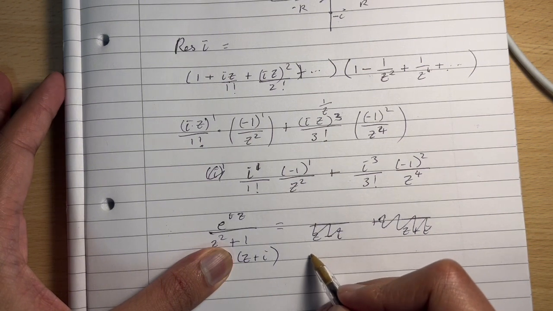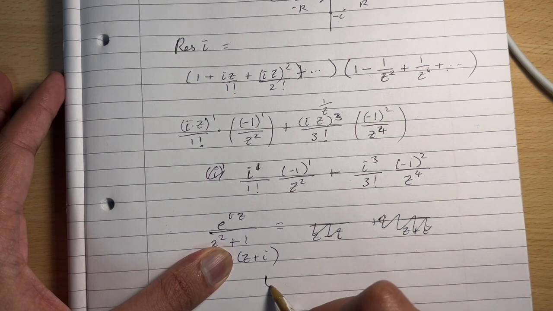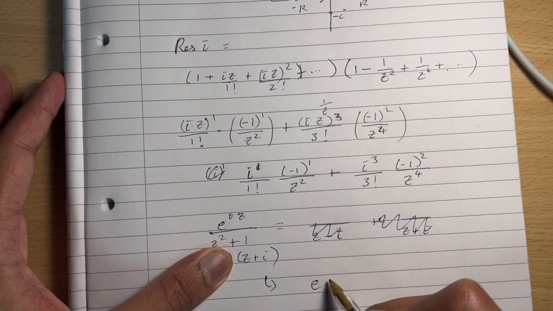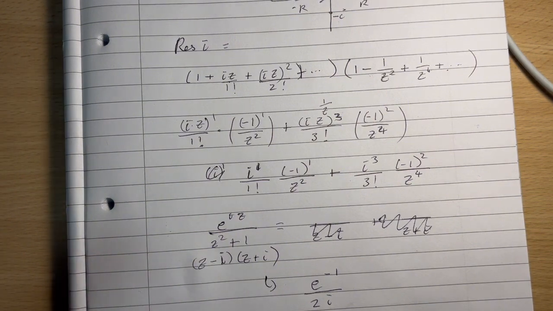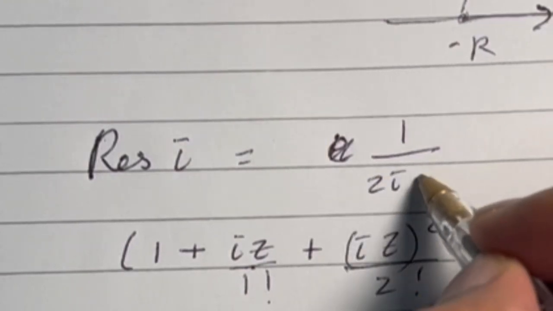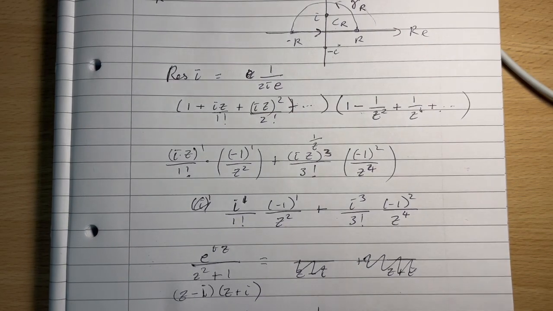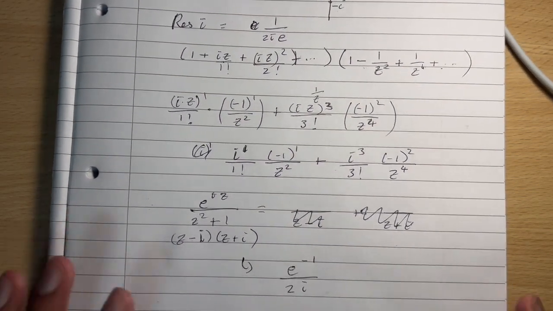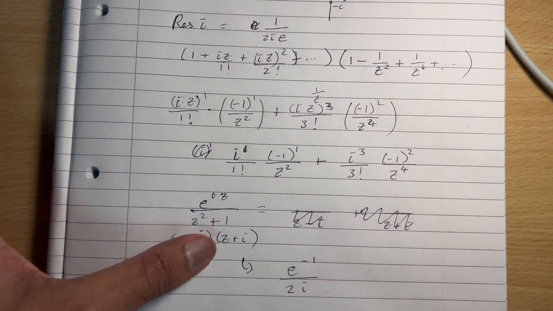This is so sus, I know, but this gives us e to the minus 1 over 2i. So this is called the cover-up method. That means the residue at i, which we just got, is e to the minus 1 over 2i. That's something you need to remember for the exam, the cover-up method.